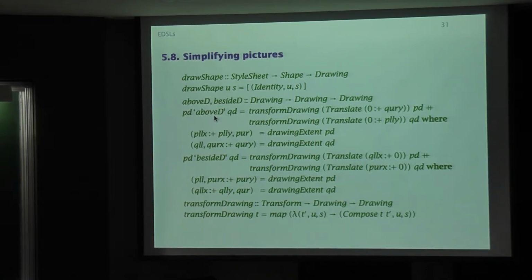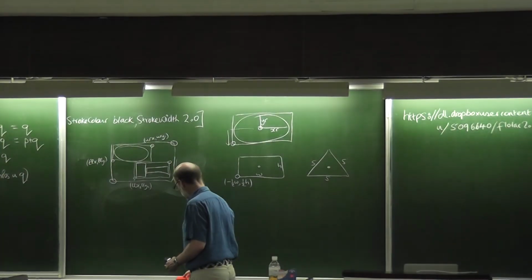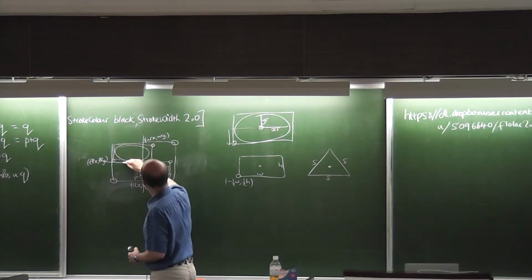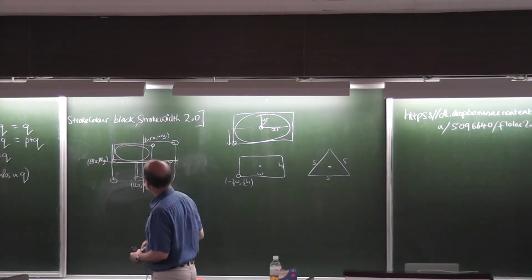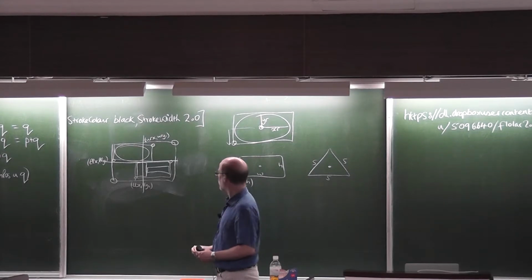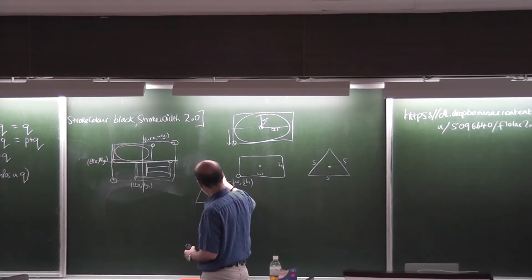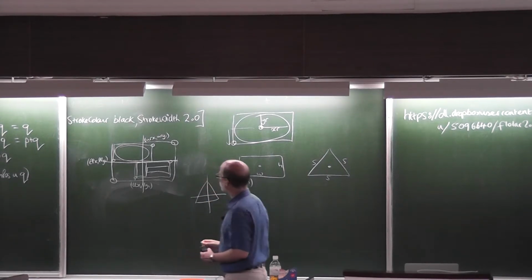So if I've got a drawing like this, and I want to put it, let's say, beside a drawing like this, which is centered on the origin. Remember, my drawings are centered on the origin. And I have another drawing like this, maybe it's just a triangle, and it's centered on the origin.